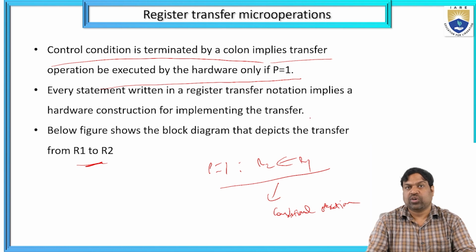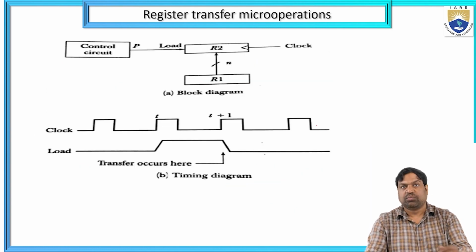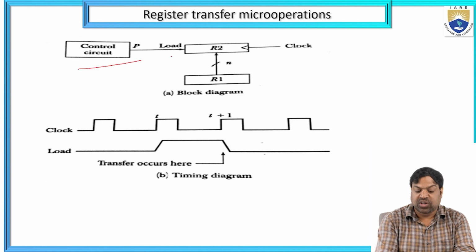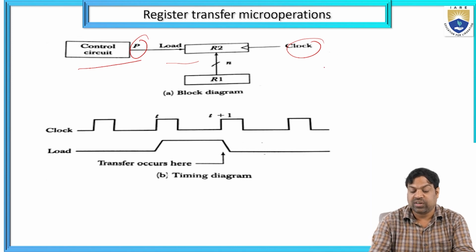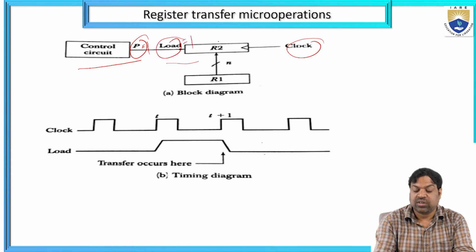The figure below shows the block diagram. So we have to show here one example. Here the control circuit is there, that is P, and it is loading from R1 to R2 or not. It is a clock. Clock is mandatory for the load function. So if P equal to 1, is it a condition? Then only the load is enabled. Then only R1 to R2 is transferred.